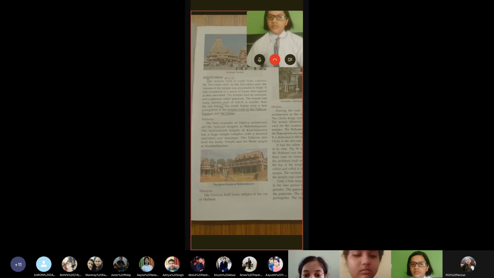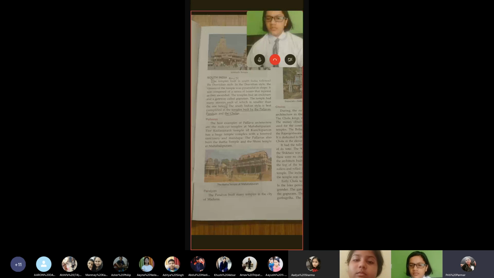Okay. The South Indian style is best exemplified in the temples built by the Pallavas, Pandyas, and the Cholas. Underline the kings, the Pandyas, the Pallavas, and the Cholas. These were the South kings who built these temples. Now we'll take up the headings, the temples which were made by the Pallava kings. Let us see.